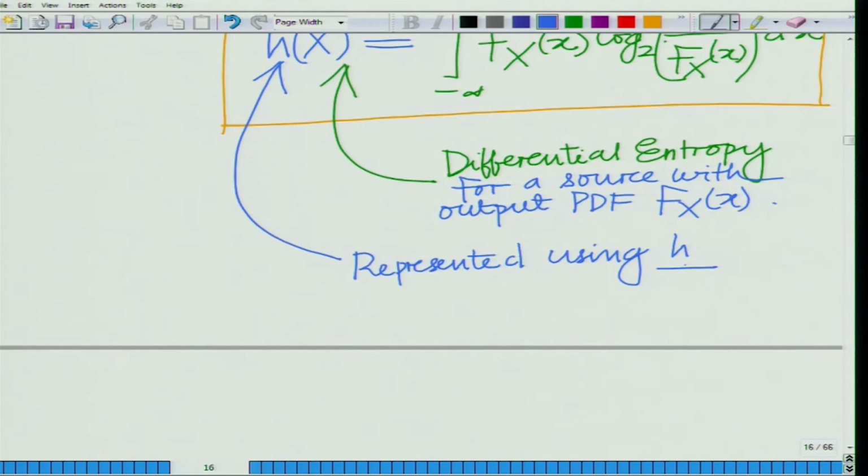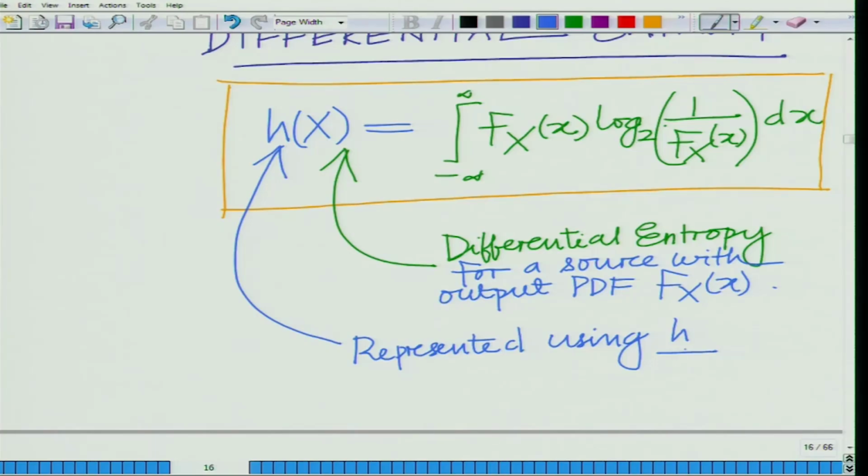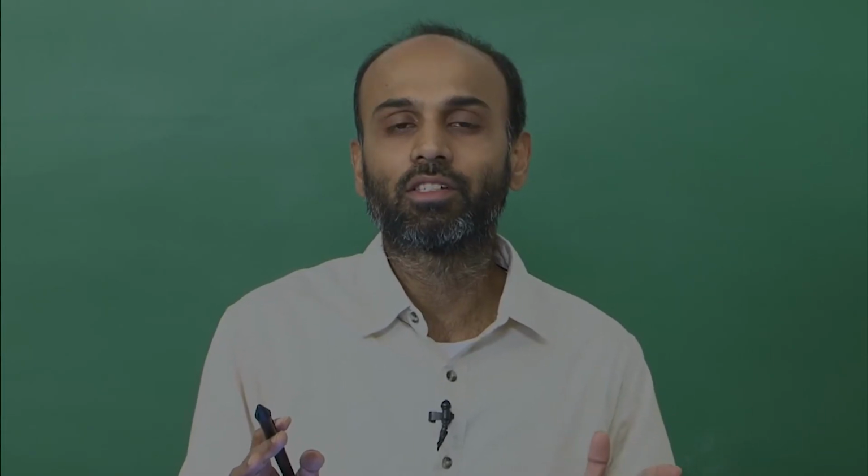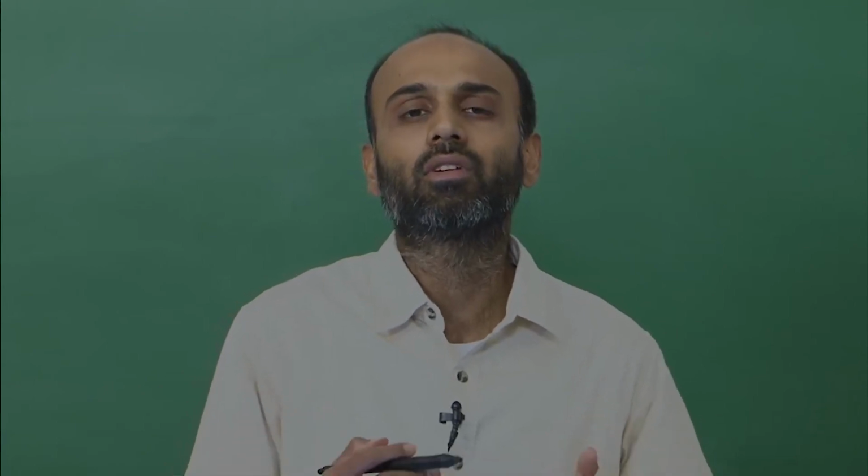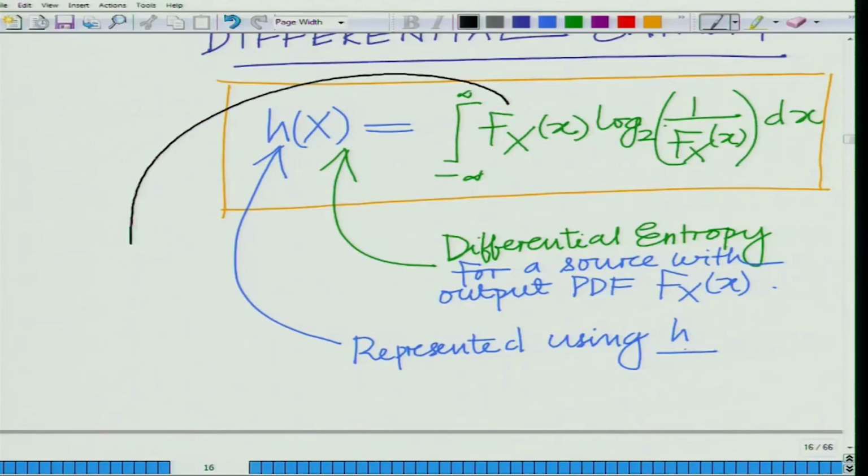So, this is the differential entropy, and from this you can see that it is very similar to the definition of the entropy, where in the log we have replaced the probabilities by the probability density function, and the discrete sum has been replaced by the integral, which you can think of as evaluating a continuous summation.